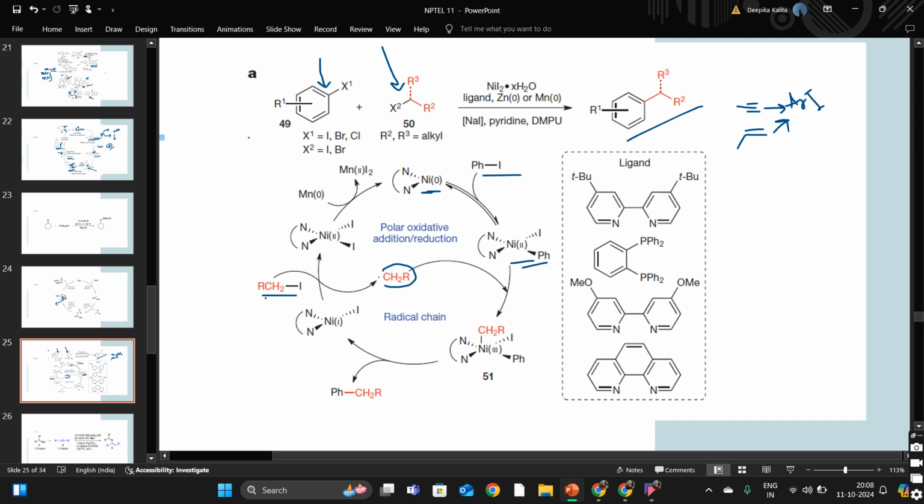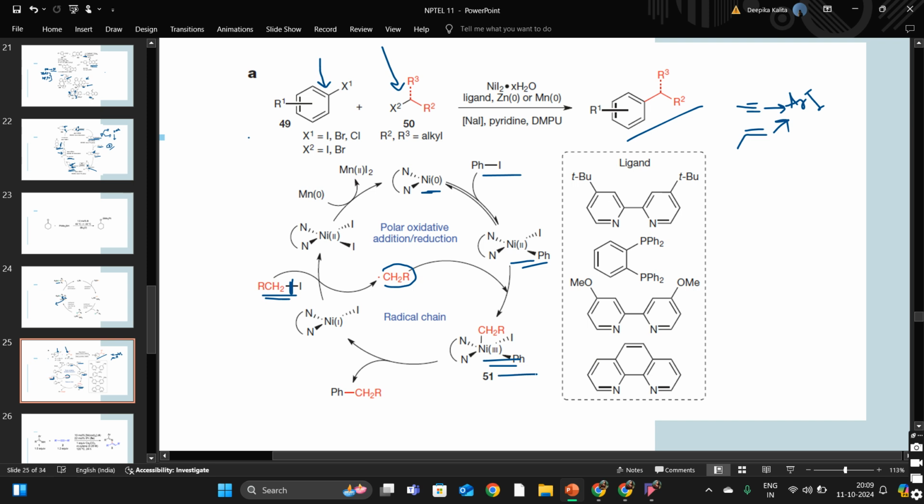Remember, we had aryl and alkyl halide. This alkyl halide undergoes radical formation by homolytic cleavage of the carbon-iodine bond, and we get this CH2R radical, which gets added to the nickel plus 2 metal complex, leading to the oxidation of nickel plus 2 into nickel plus 3.